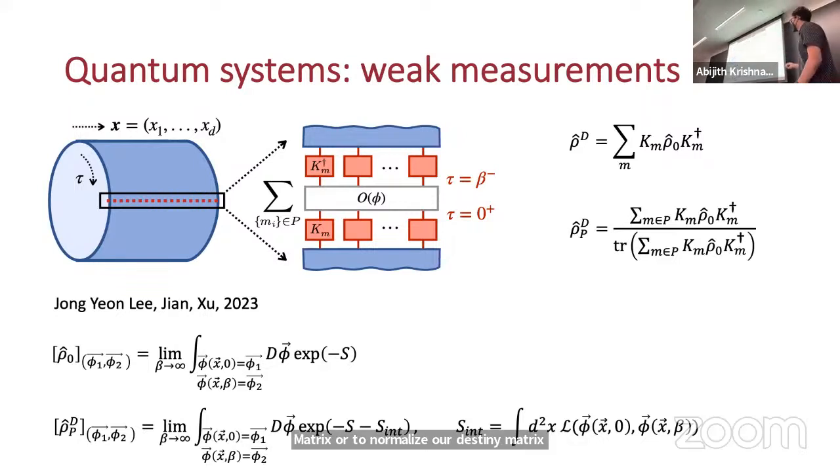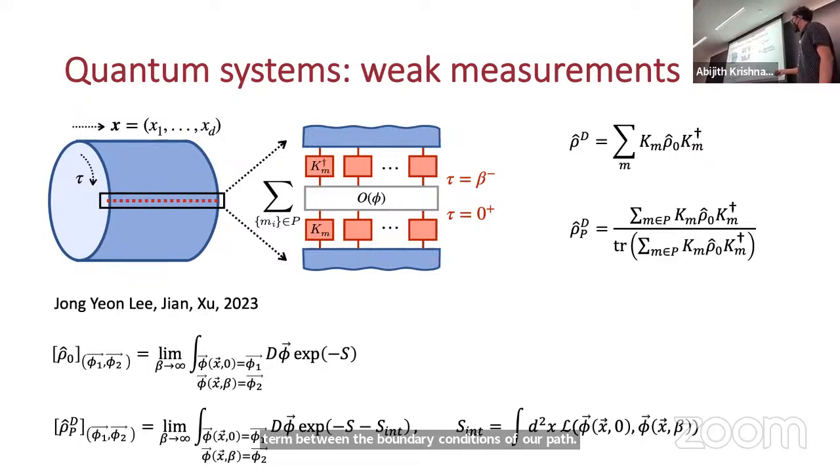In the path integral formulation, we can consider the entries of the pure state density matrix as follows. So the phi1, phi2 entry is just a path integral with boundary conditions being phi1 and phi2. When we add the weak measurements and post-selection, we're effectively adding an interaction term between the boundary conditions of our path integral.